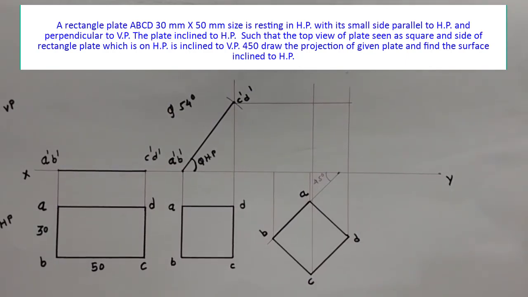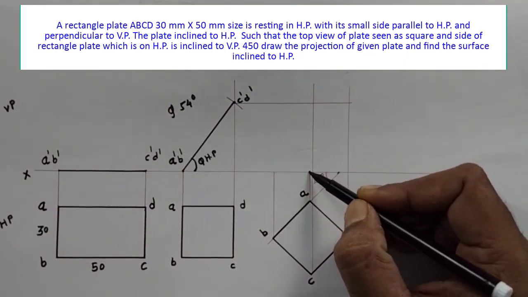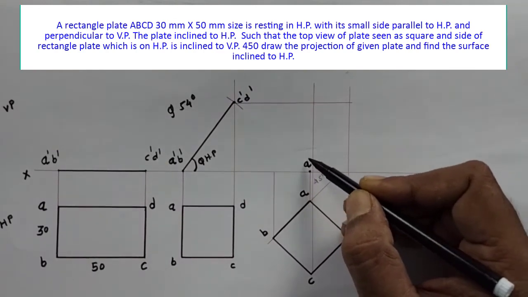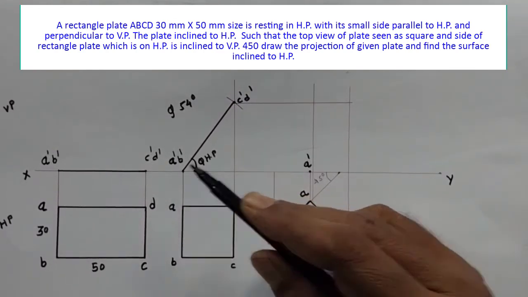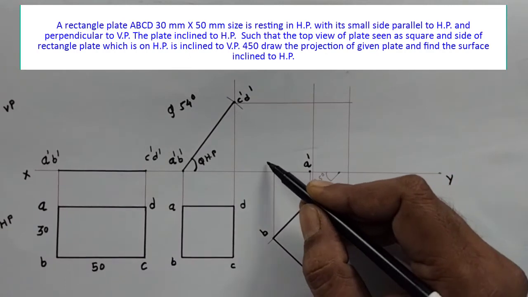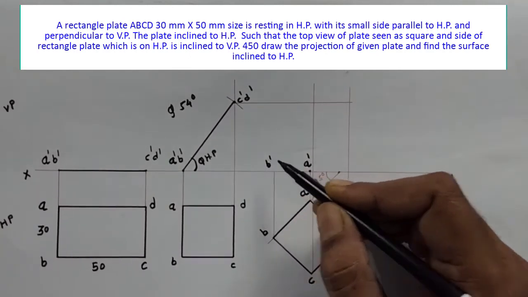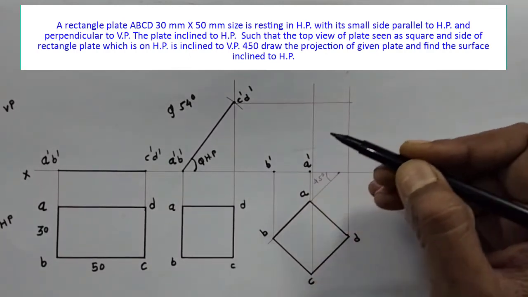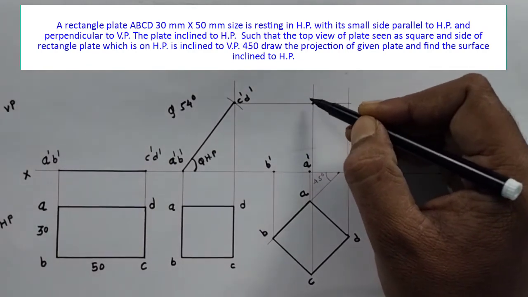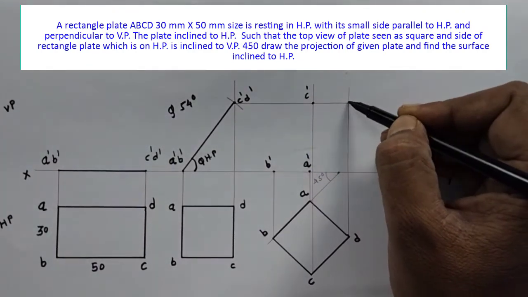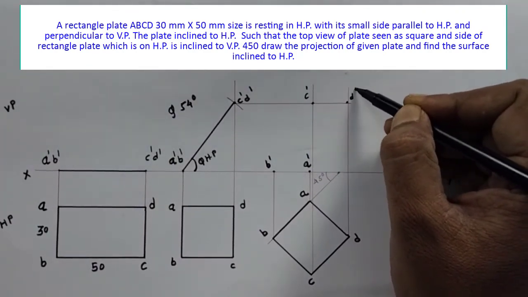Now you can mark your respective points. So my A dash is on the XY line, because A dash B dash is on the XY line here. This is my B dash. This is our C dash. This is our D dash.